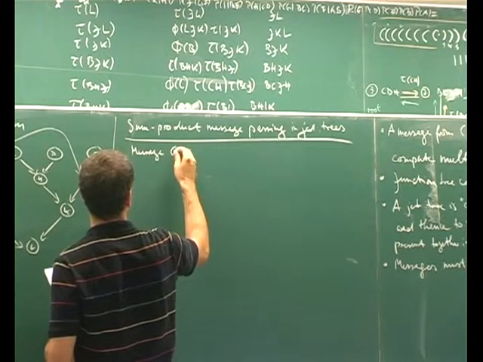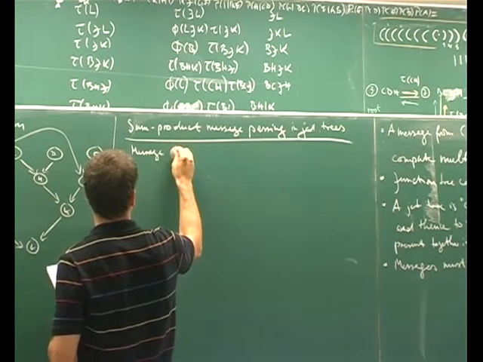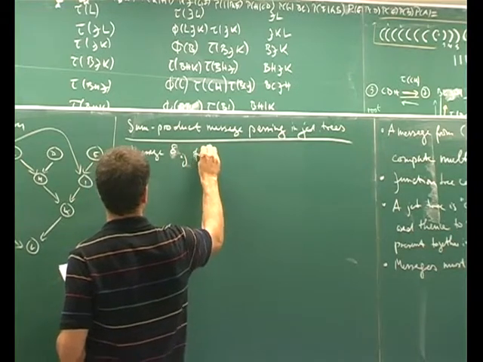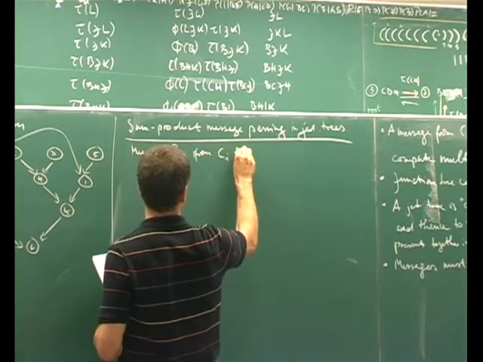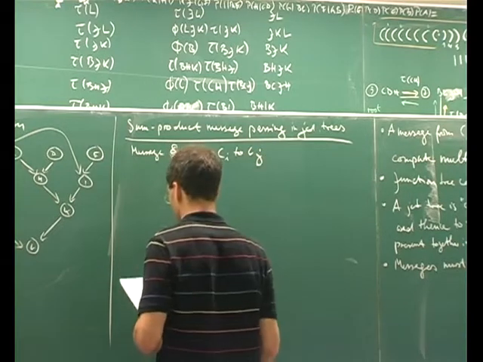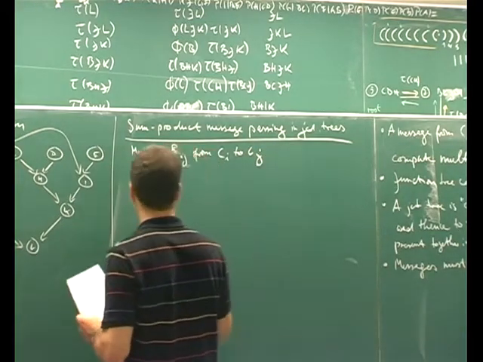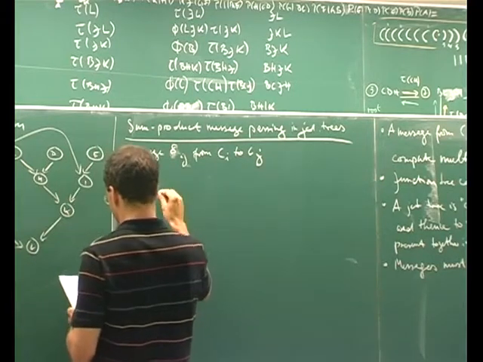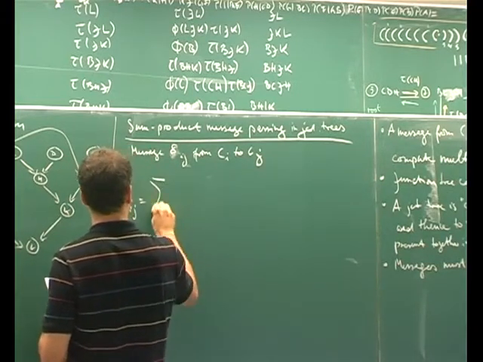So message delta ij from a cluster I to a cluster j is then given by the sum and the product.